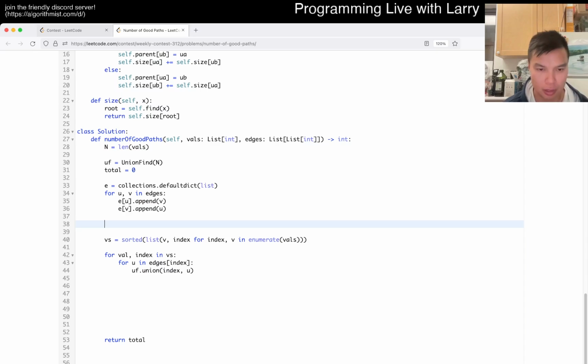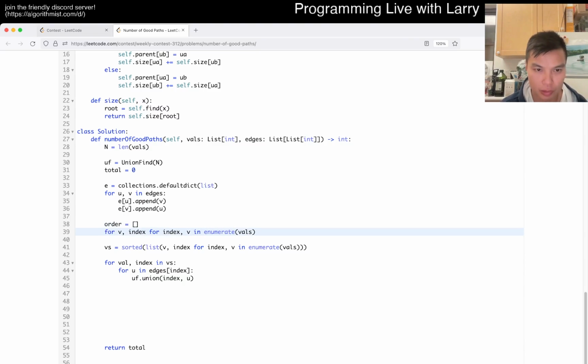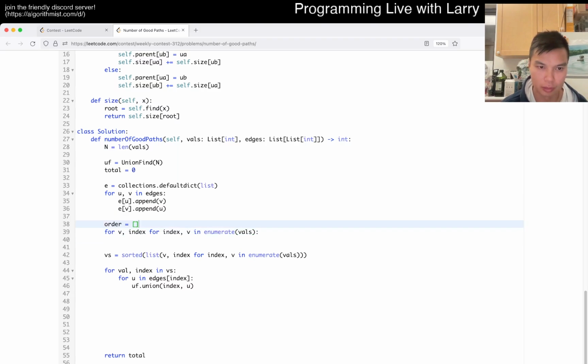Okay, let's see. Let's say we again index.